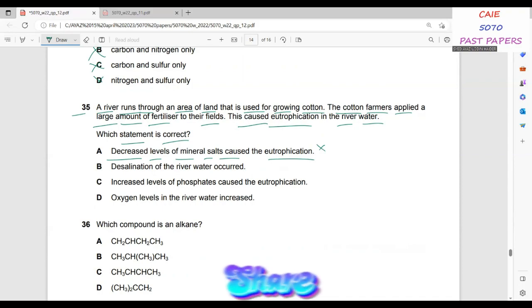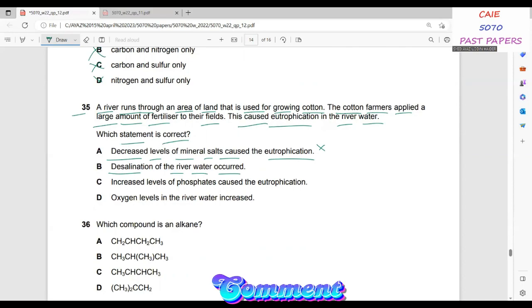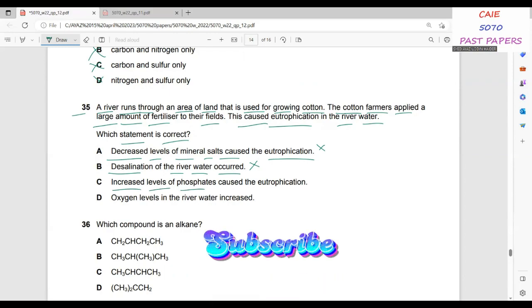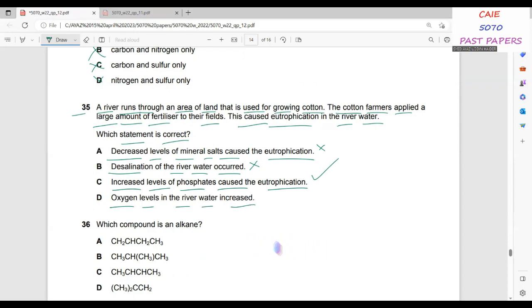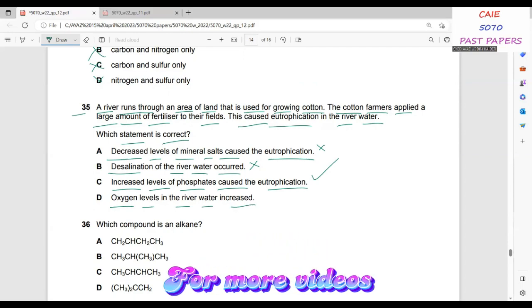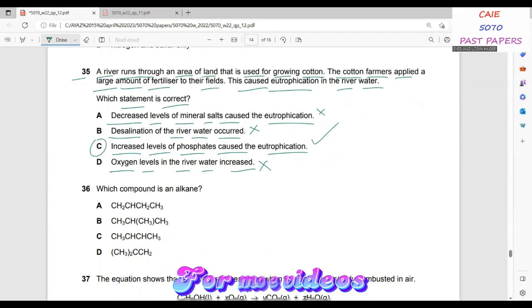You have increased level. You don't have decreased level. Desalination of the river water occurred. We don't have any kind of desalination. Desalination is the removal of salt. So the salts are not removed in the river water. C, increased levels of phosphates cause the eutrophication. This is the correct statement. D, oxygen levels in the river water increase. Oxygen level in the river water decreases due to eutrophication. So this is also incorrect. Only C is the right answer.